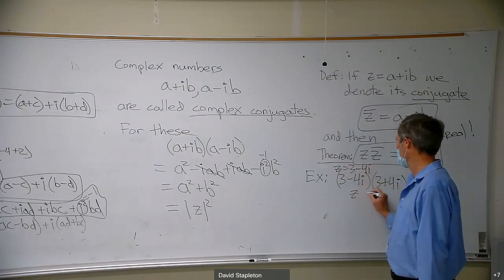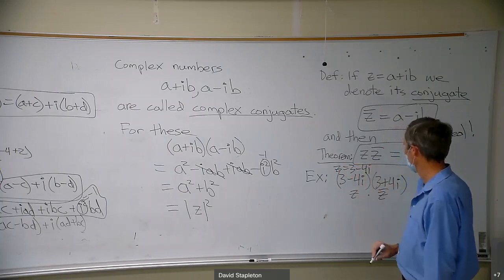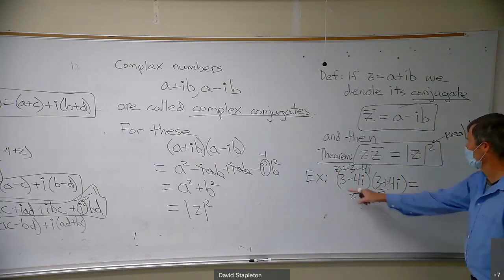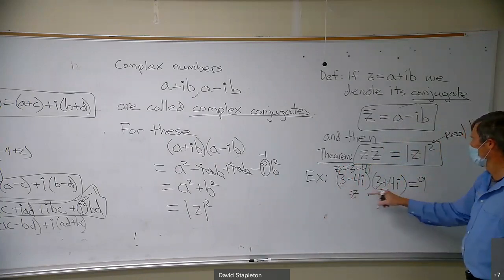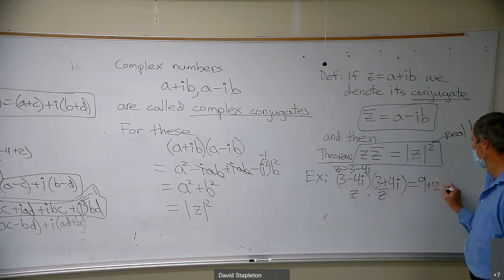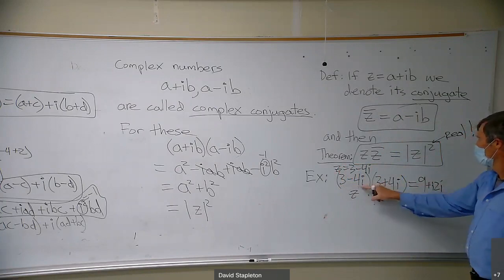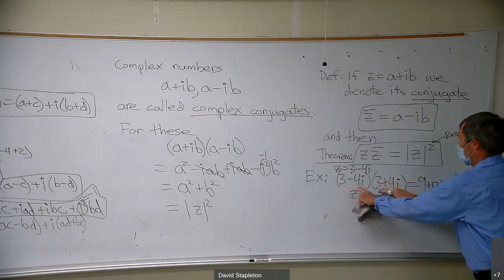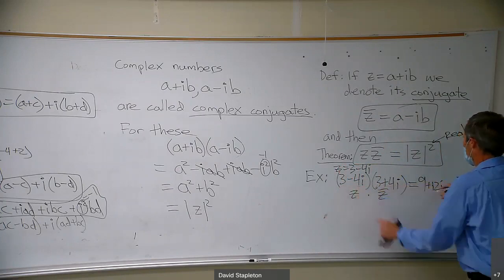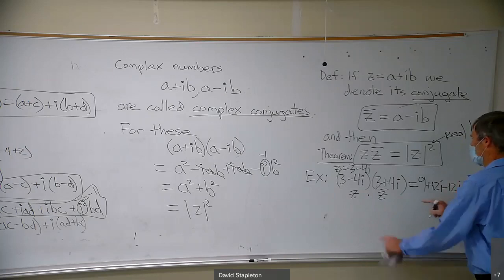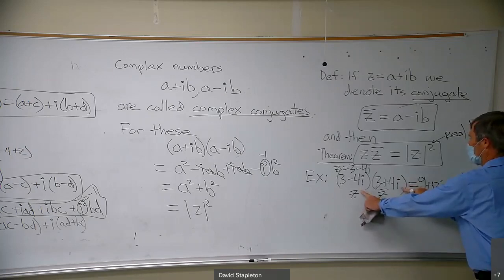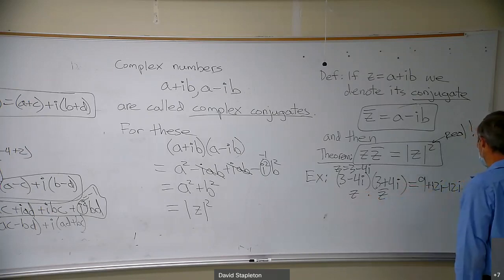And so I'll take Z times Z conjugate. And what do I get? Well, I get 3 times 3 is 9, right? 3 times plus 4i is 12i. That's first. Outside. Inside is minus 4i times 3 is minus 12i. And last, minus 4i times 4i is minus 16 i squared.